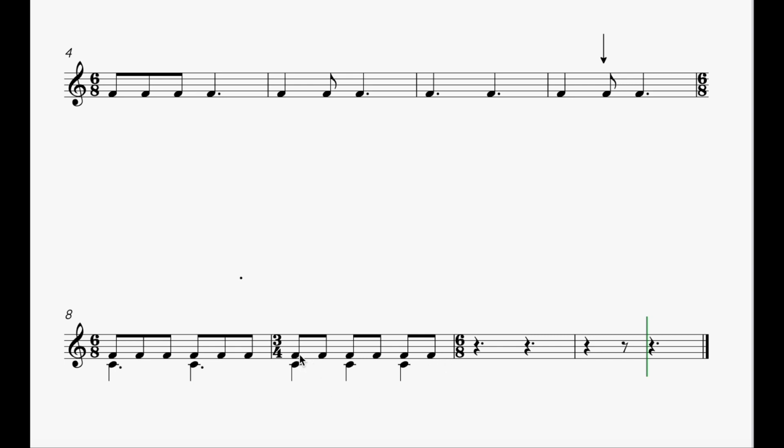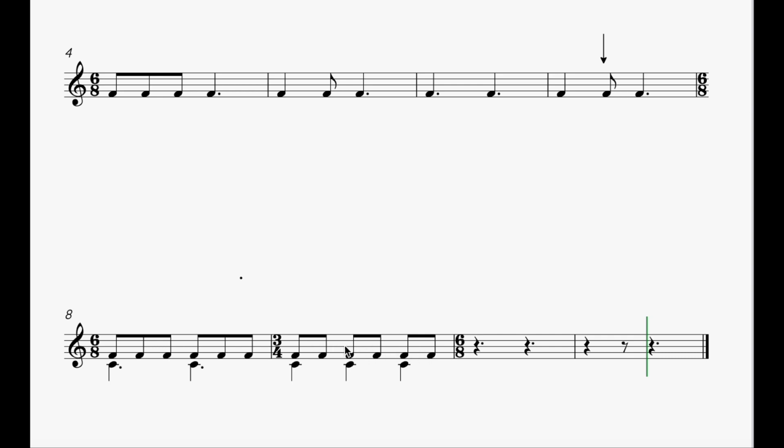In a 3/4 bar, the quavers are grouped according to the beat, which is the crotchet. 3/4, so there's 3, the number is 3, but the 4 isn't a number, it's referring to the type of note that we're counting. 4 is a name for crotchet. So it's saying there's 3 crotchets in a bar, but that means there's 2 quavers in a crotchet, so the quavers have to be beamed according to the crotchet beats.